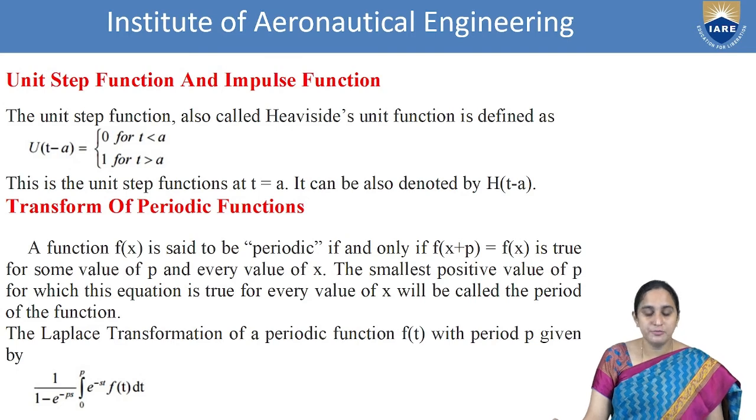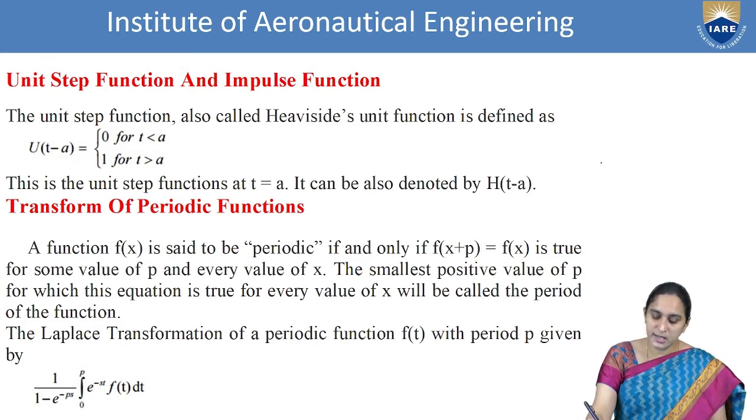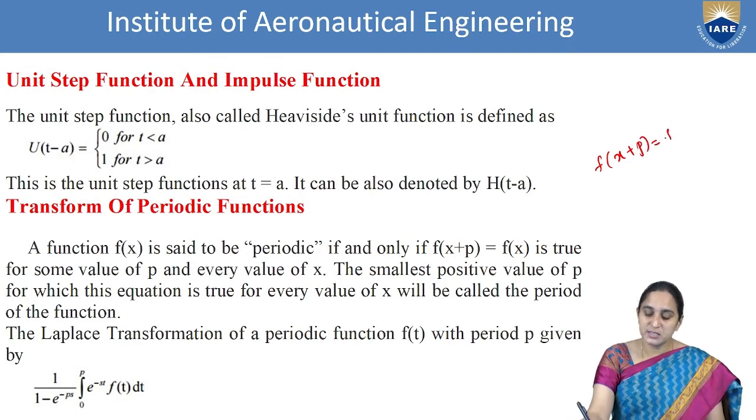Next, transform of periodic functions. A function f of x is said to be periodic if and only if f of x plus p is equal to f of x for some value of p and every value of x. The smallest positive value of p for which this equation is true for every value of x is called the period. Already we discussed in previous sessions what periodic means: if you take any period value p, the function f of x plus p repeats the same function.